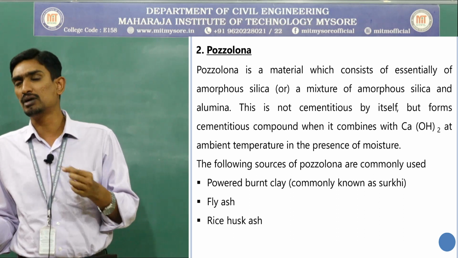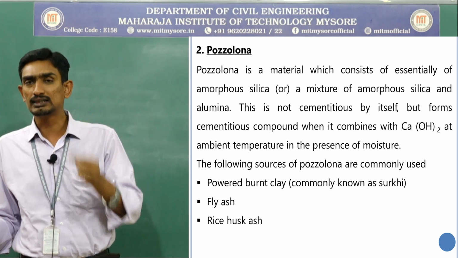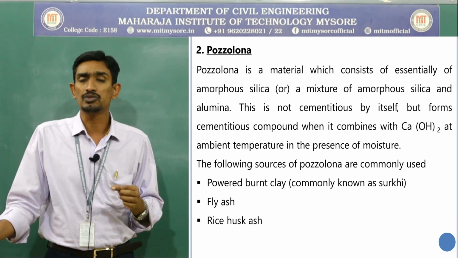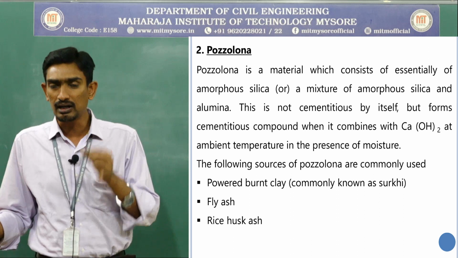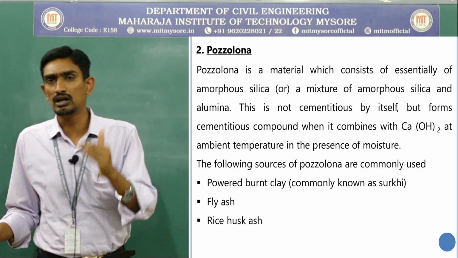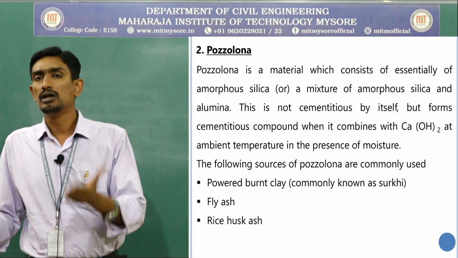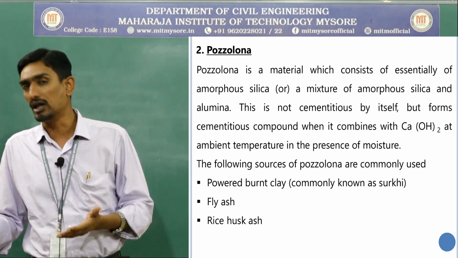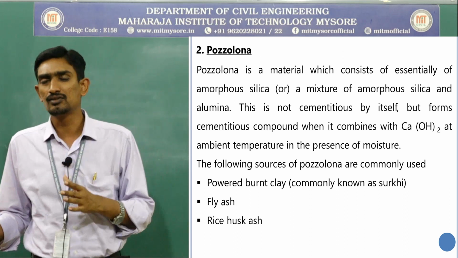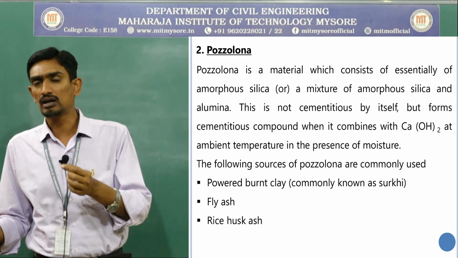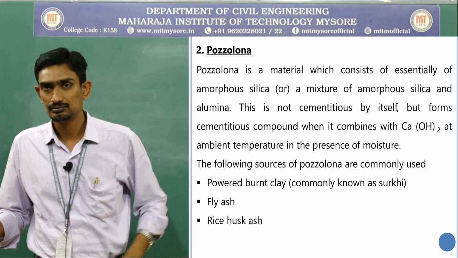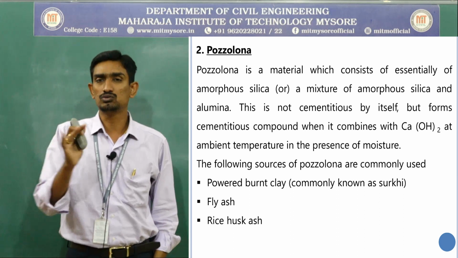They use those husks as a fossil fuel, as a burning material in the industry, in order to run the industry or to generate power. After burning this husk, the product obtained is called rice husk ash. Is it clear?